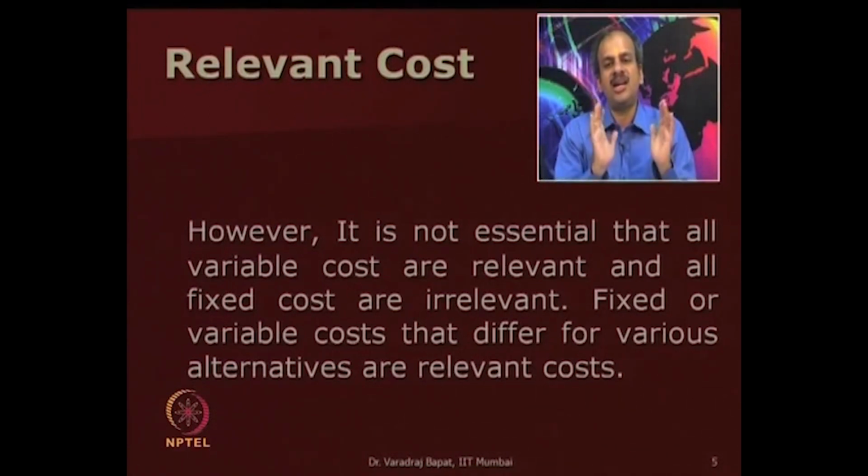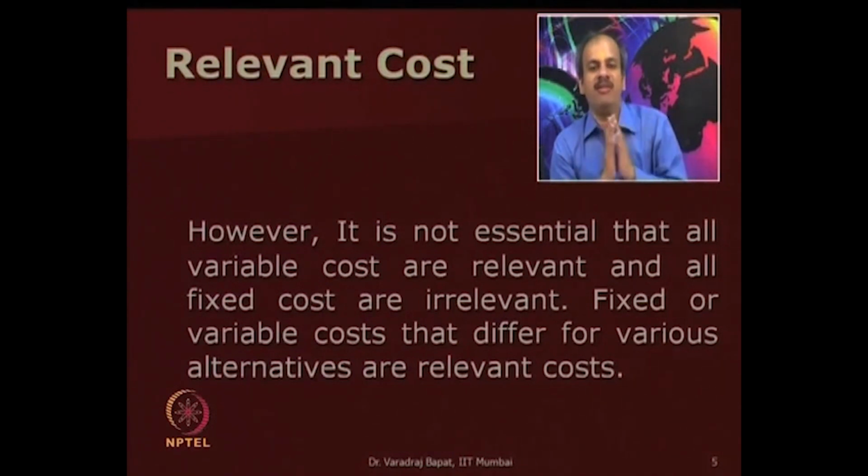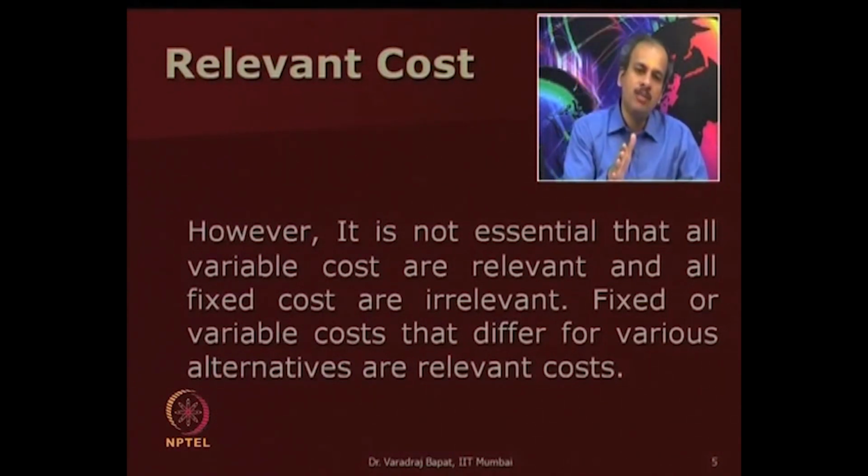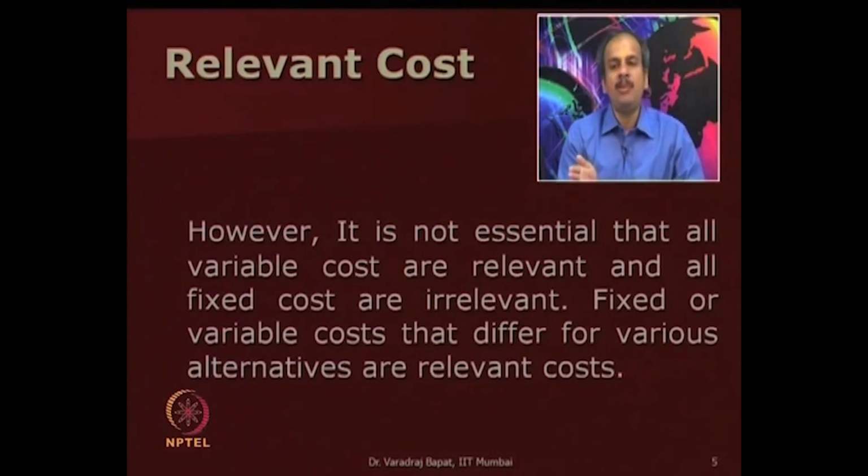So we are looking at relevant cost, and some of the fixed costs also could be relevant. We can also think of a situation where variable cost is not relevant. For example, in our earlier case, we have two modes of transportation. We can either go for transport agency A or transport agency B. A is charging us say 10,000 rupees, B is charging us 12,000 rupees.